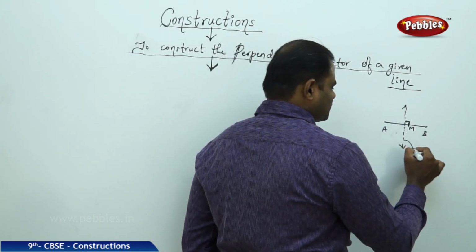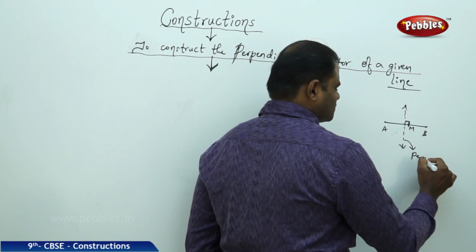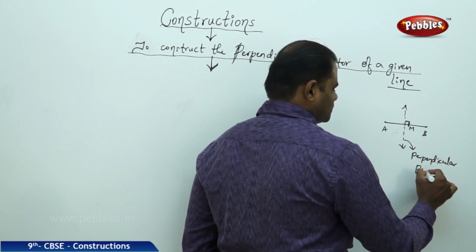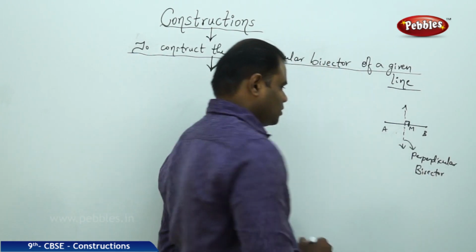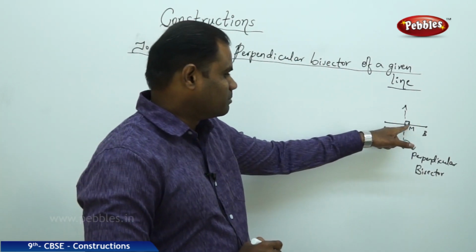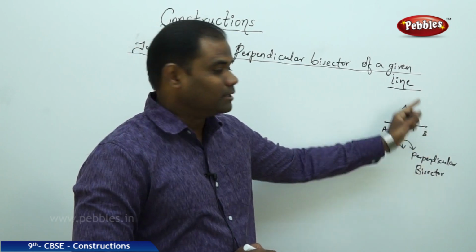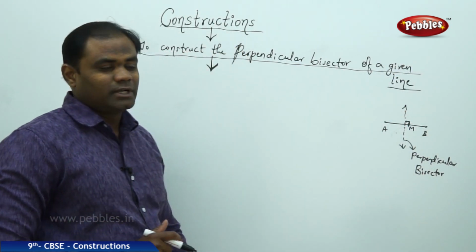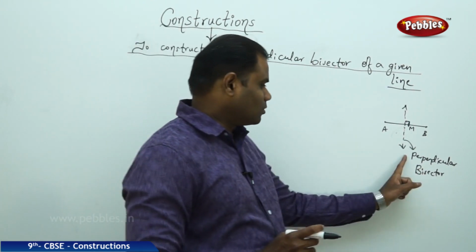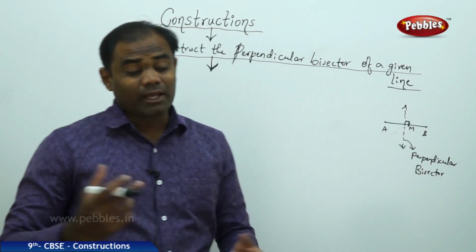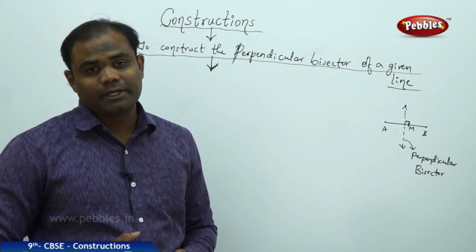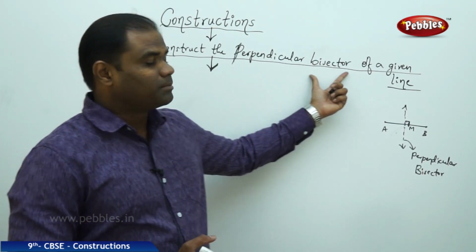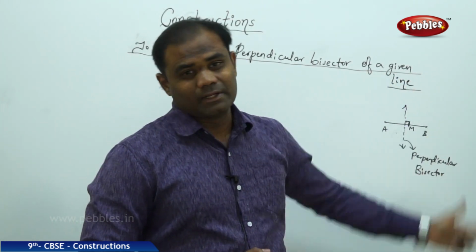So this line is referred to as a perpendicular bisector because it passes through the middle point M of the line AB and is perpendicular to the line AB. So let's see how we can draw this kind of line for any given line AB. This session is about construction of perpendicular bisector of a given line.